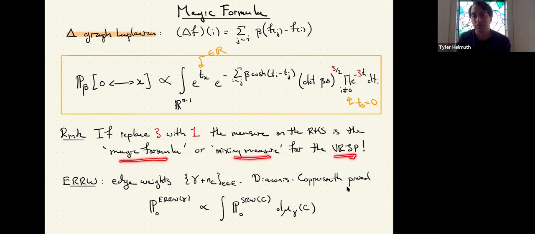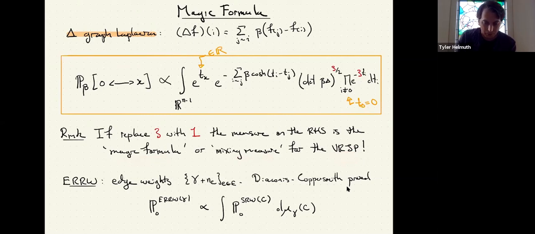This has showed up quite a bit in the past, I guess, 12, 15 years now, in the study of this reinforced process called the vertex reinforced jump process. So rather than going into the detour of exactly how to define the vertex reinforced jump process, let me tell you about its relative, the edge reinforced random walk, to give you some flavor of this connection.